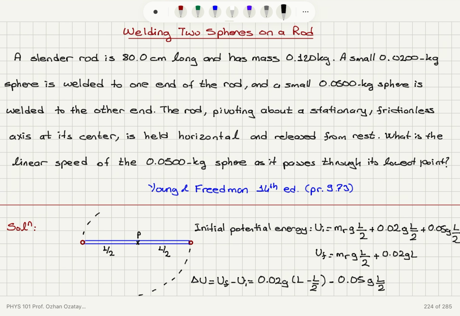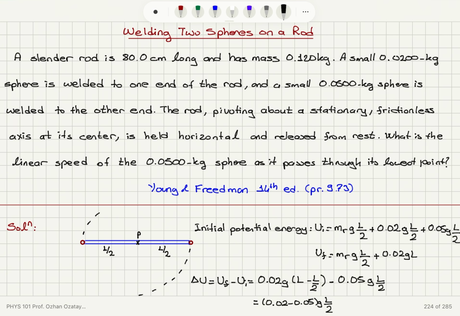So this will give us (0.02 minus 0.05) g L/2 as the change in the potential energy of the system.